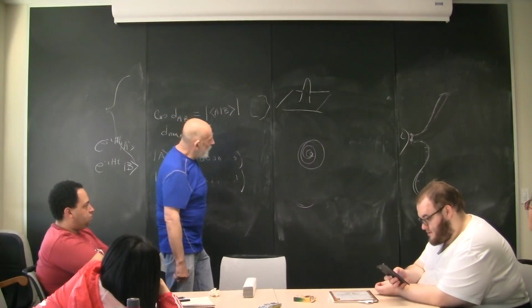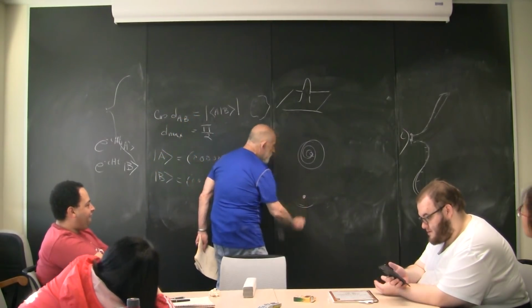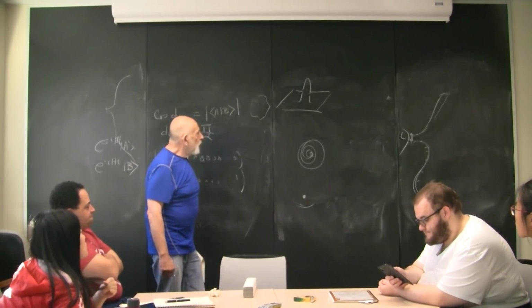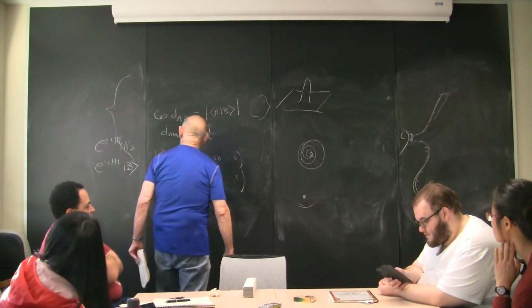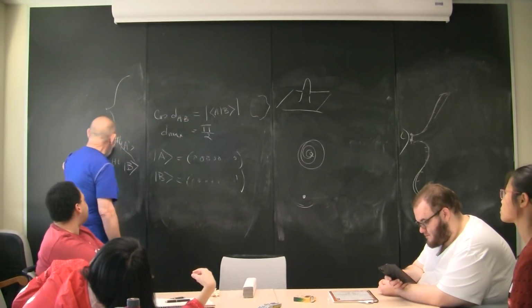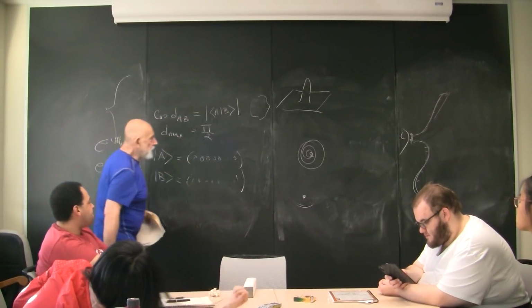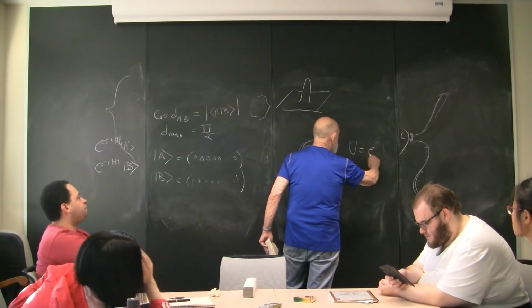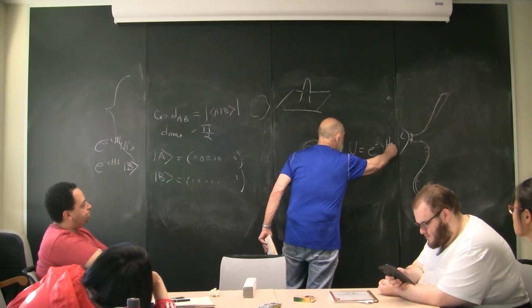So here's the bump, and let's start over here. This could be the unit operator over here. And take some Hamiltonian, H, and allow it to evolve so that we construct U equals e to the minus iHt.